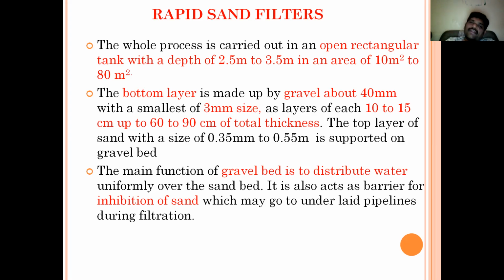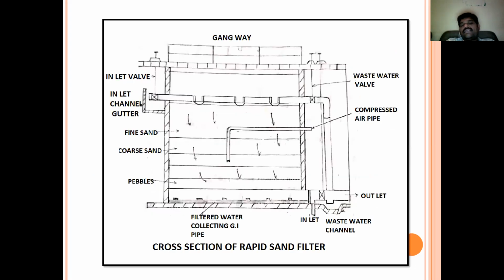The purpose of gravel is, first, uniform distribution of water on top of the sand bed, and second, to inhibit the passage of sand granules into the bottom of the tank where the underground pipelines are. Because of sand entry, the pipelines may be damaged. Understand?